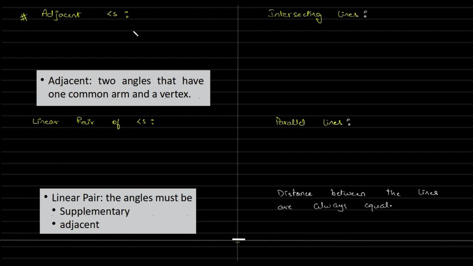So next is adjacent. So I have an initial arm and a final arm and one more arm. Any random angle, doesn't matter. Here angle A and angle B are adjacent. That is, they share a common vertex, say M, and common arm AM.